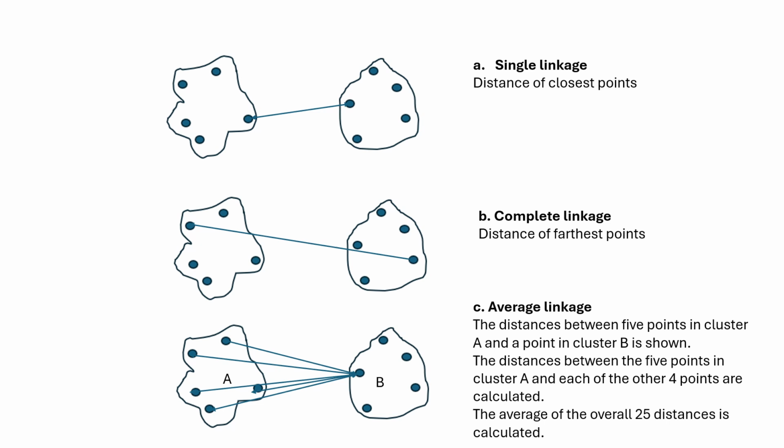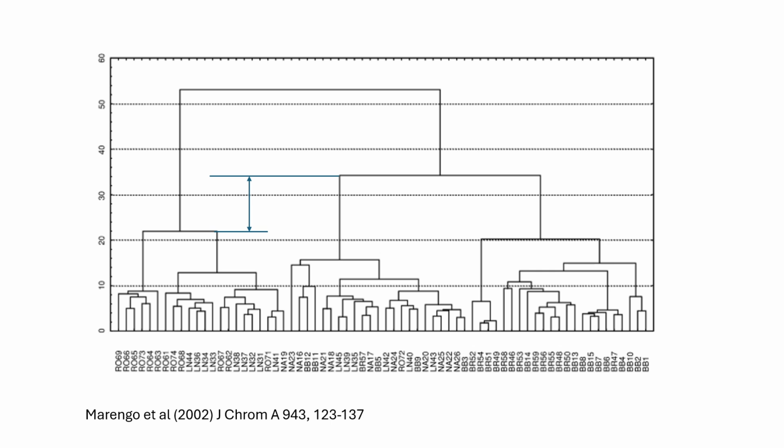The figure illustrates the different distance measures used when deciding which two clusters should be merged. A dendrogram from a study is shown. The key takeaway from this diagram is one common method for selecting the number of clusters in a dendrogram. This is done by identifying the largest vertical gap in the dendrogram.